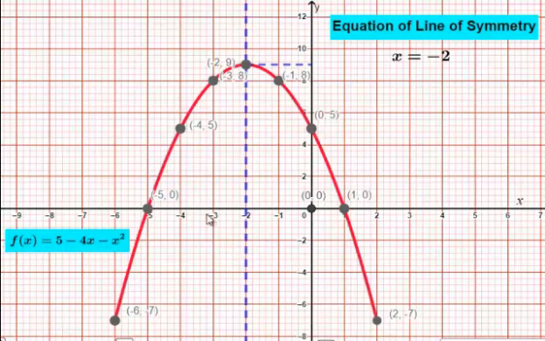Now, we want to find our maximum point. The turning point or the vertex is our maximum point because it occupies the highest position on the graph. So our maximum point is (-2, 9). Let me tell you this, in some questions, instead of telling you to find the maximum point or to find the minimum point, they may say find the maximum or the minimum point.